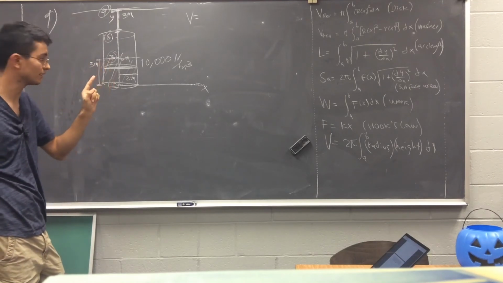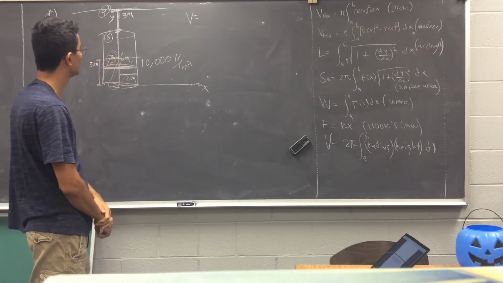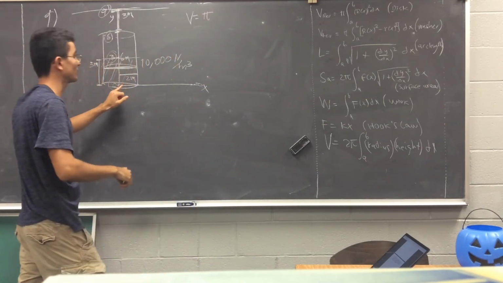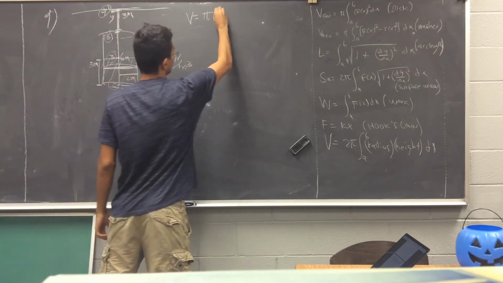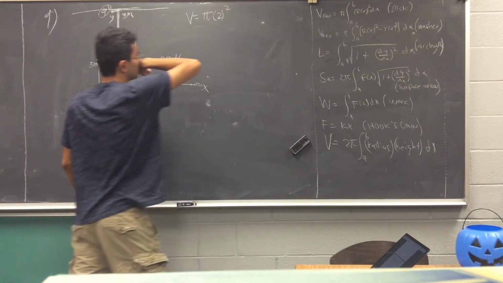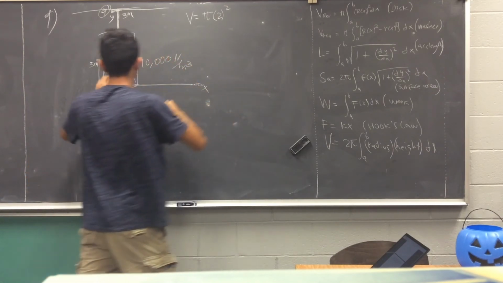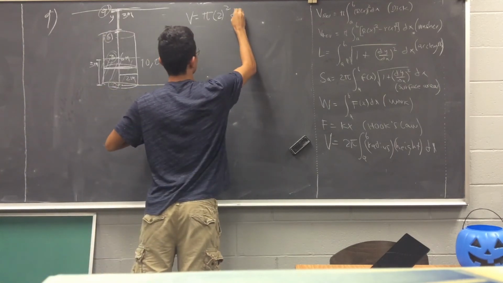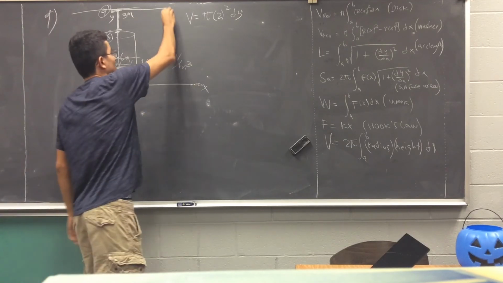Very important to keep in mind, we're only adding disks from 0 to 3. So we're going to have pi r squared, and the radius is what? We were told that it was 2 meters. So pi times 2 squared times the change in y, so that's going to be dy.